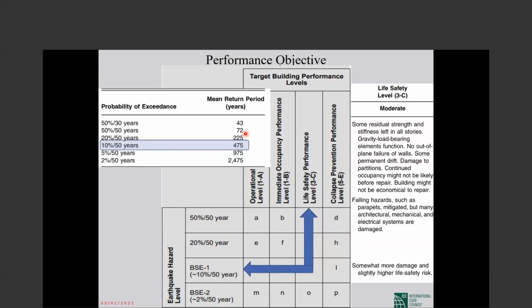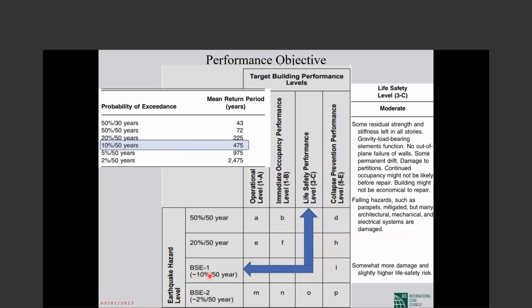We will talk about that. But in general, as a starting point, they say check this performance objective: whether this existing building can attain this performance level under this level of earthquake.